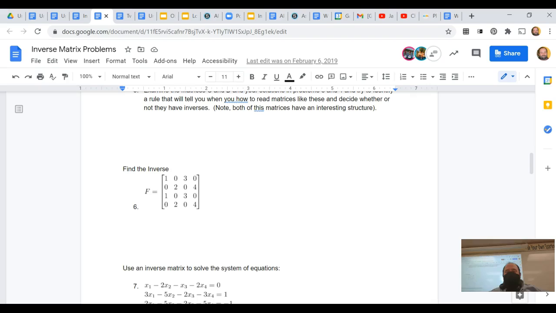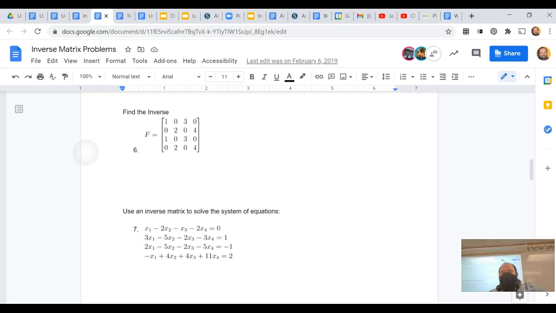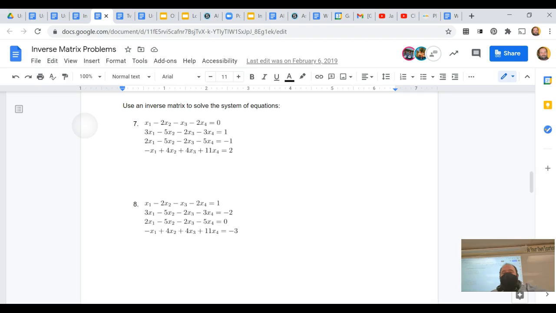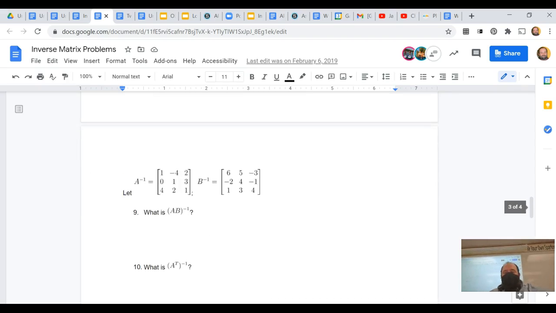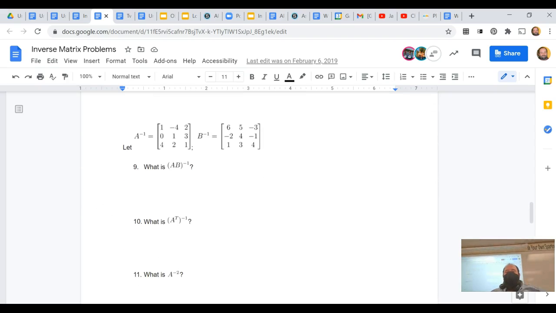Number 6 is another: can you find the inverse quickly? Okay. And 6 is interesting because the first and third row are the same and the second and fourth row are the same. Oh, okay. 7 and 8 ask whether you can do this with a system of equations like I did, using the A inverse and the B. And then it asks you to do some manipulation to see if you can figure out what's going on with the rules there.